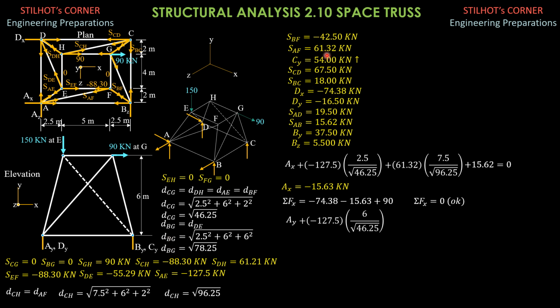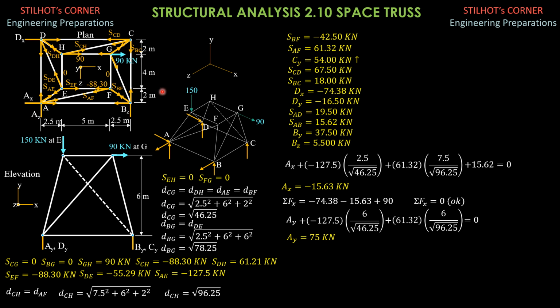SAF is 61.32 times 6 over square root of 96.25, the distance AF, which is equal to CH. Then equals 0. So from there, we can solve for AY. AY equals 75 kilonewtons, so it is upward.